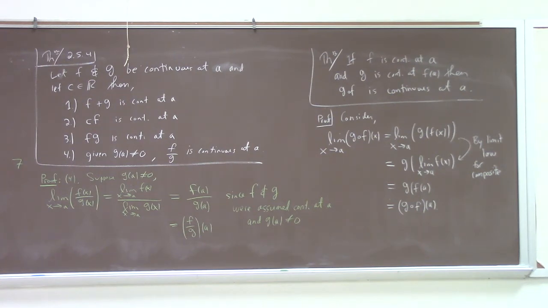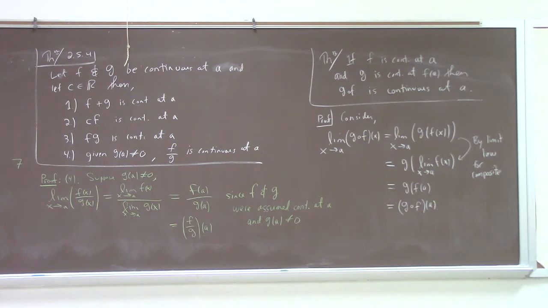So if you had f of x equal to, say, 3 sine of x plus 2 cosine x, then the limit as x goes to a of f of x is the limit as x goes to a of 3 sine x plus the limit as x goes to a of 2 cosine x by the adding limits rule, right?